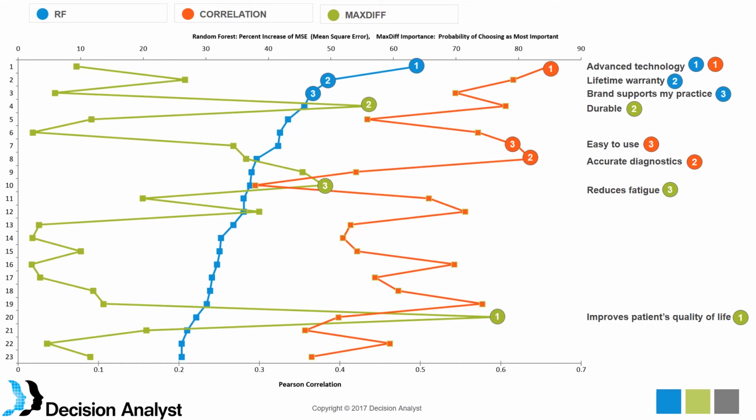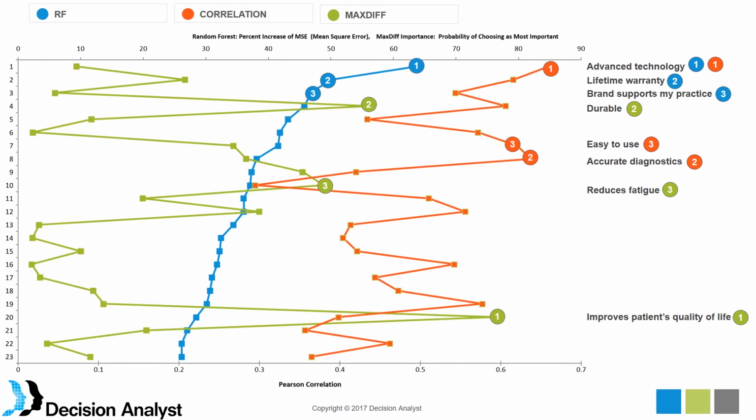In particular, what's interesting is the brand supports my practice. That comes out in the random forest. And not very many healthcare professionals would want to state that that is an important attribute. It's great to know this though, because the internal stakeholders can now take this information and beef up their detailing or their sales rep materials and training because they know that's important.